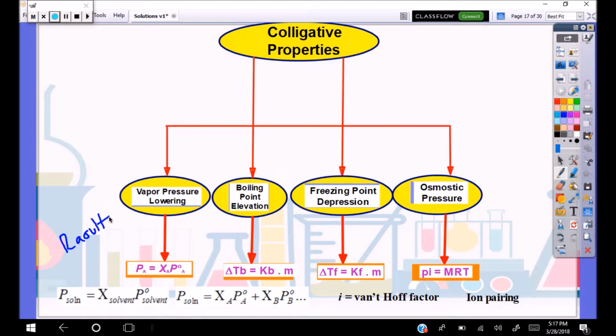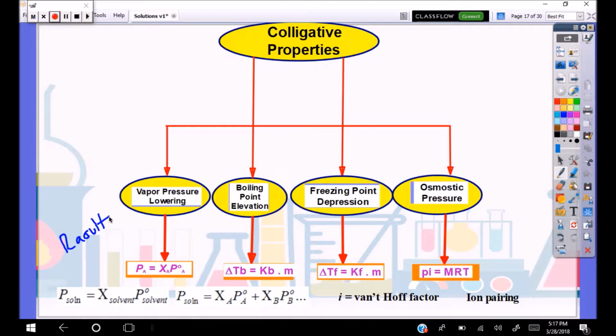We also have boiling point elevation, which works with the same principle. The whole idea with colligative properties is that the solute is getting in the way. And so we want to look at how the solute that we're dissolving impacts the solution itself. So again, boiling point elevation: if we're boiling something, we're intentionally heating it to the liquid-gas transition point.